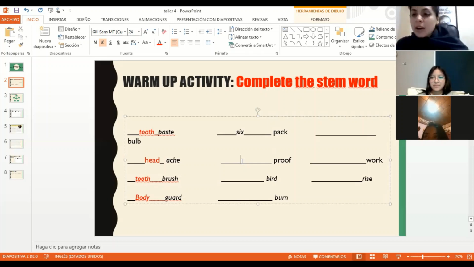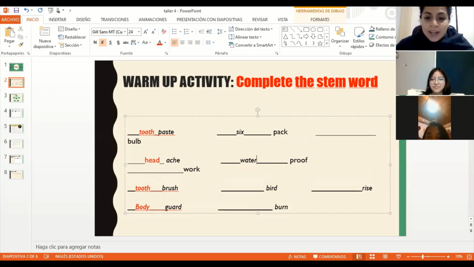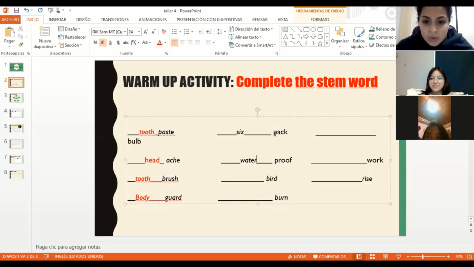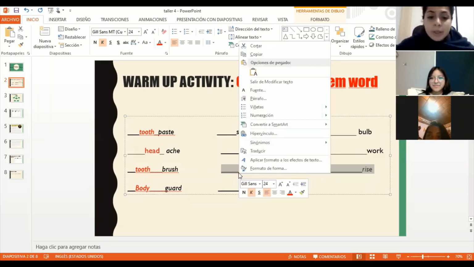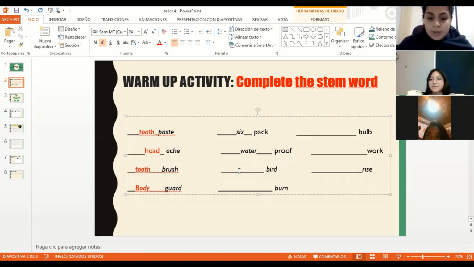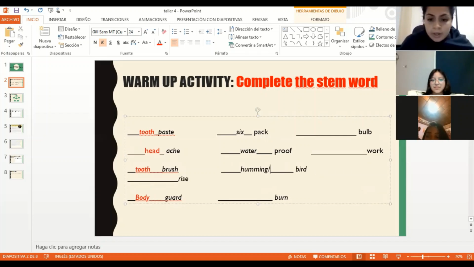When we use mascara, we always look for waterproof. Exactly, waterproof. Okay, what about the next one? It says bird. I put hummingbird. It could be a hummingbird, yeah. I also put blackbird. So humming or black, whichever one.